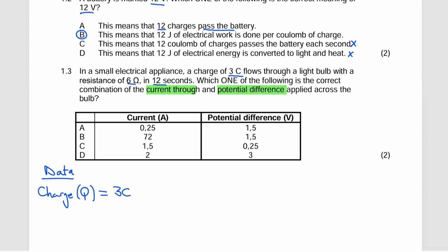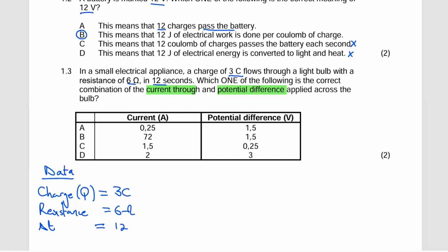Then we also have our resistance, which is equivalent to 6 ohms. Then the third variable given there is our time. I'll say delta t, which is equivalent to 12 seconds. Okay, so this is the information that we are actually given.